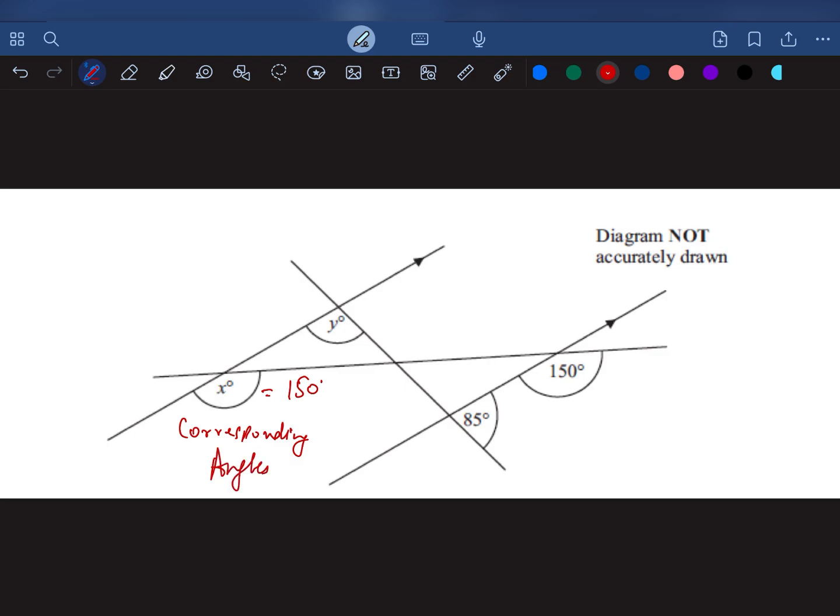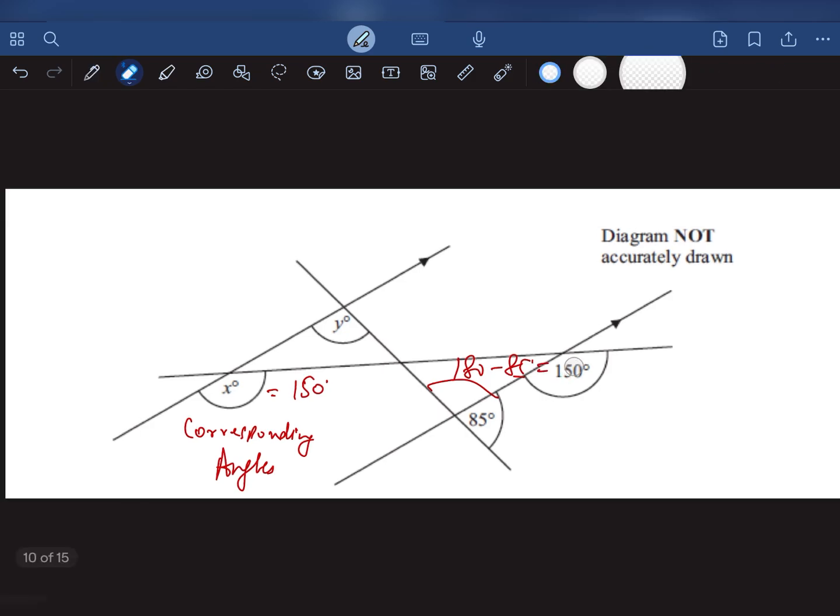Because of the property of corresponding angles, these two angles are equal. Then we will find the value of this angle, as this is a linear pair. So this angle will be 180 minus 85, because it is a linear angle. When you subtract it, you will get 95.